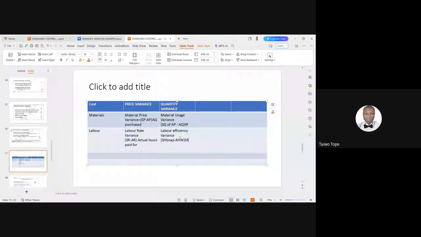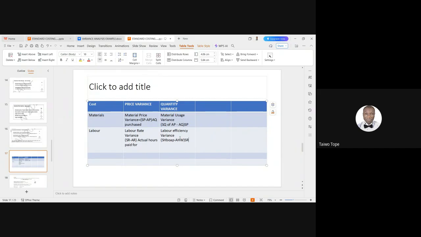So when we talk about efficiency variance, the memory trick is this. What is the time difference, weighted by the standard rate, the hourly rate?